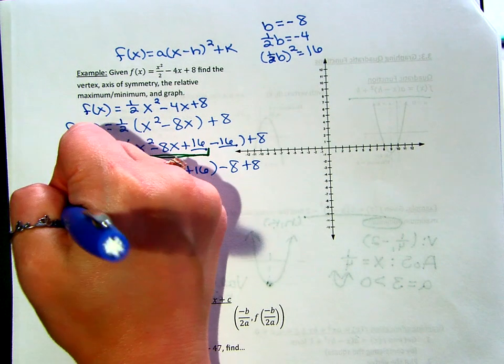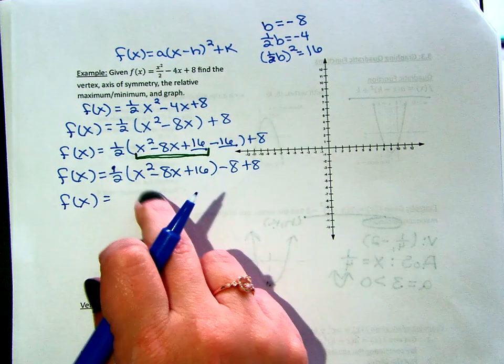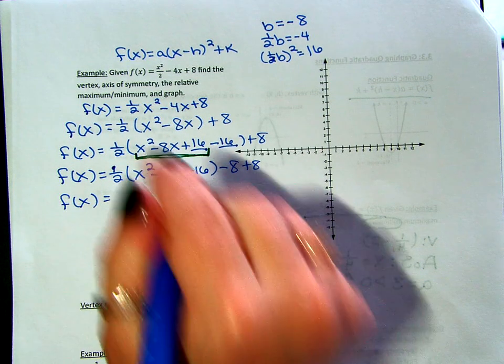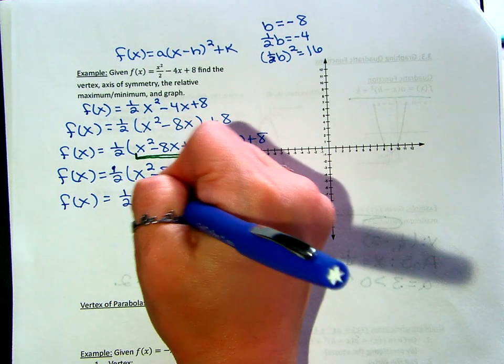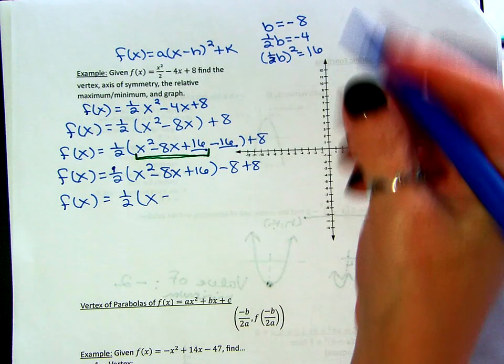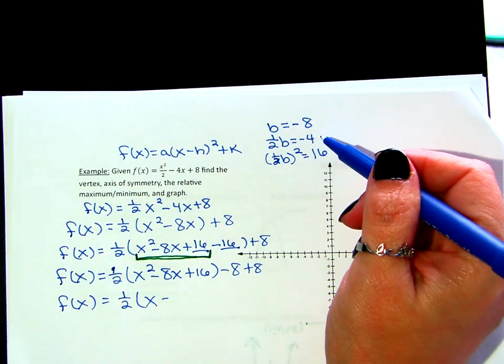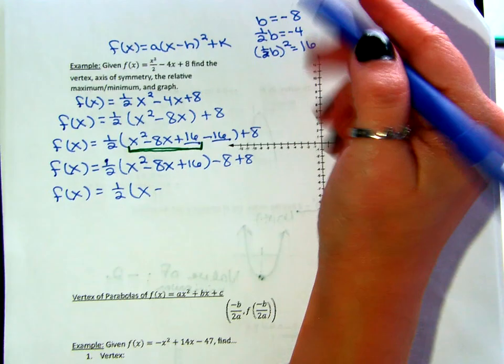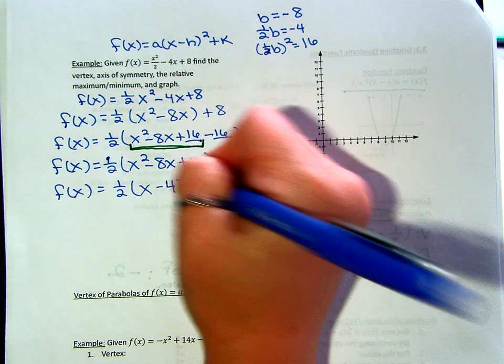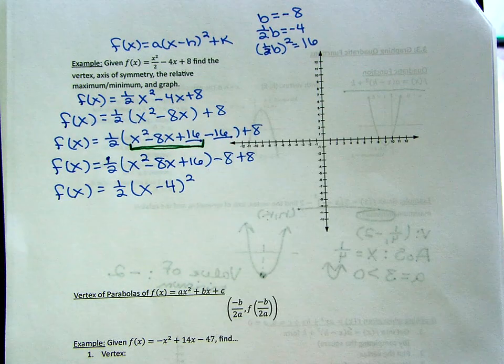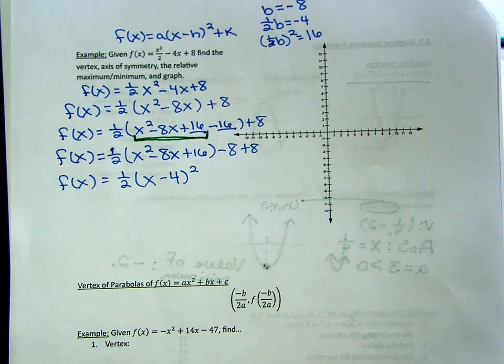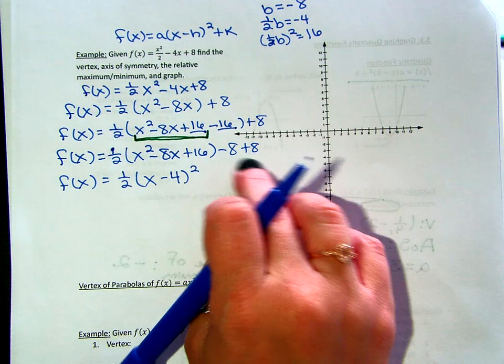When we factor this perfect square trinomial, we'll get x plus the 1/2 b. So in this case, it was x minus 4 squared. And then the negative 8 plus 8 goes away. And that's okay. Because remember, this plus out here is our k value. And our k value can be 0.